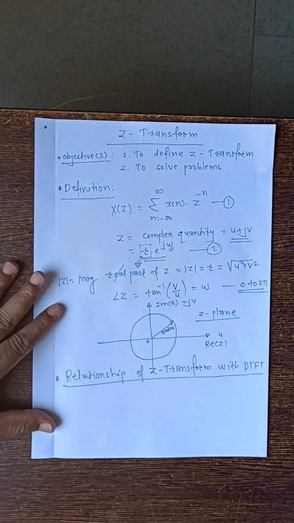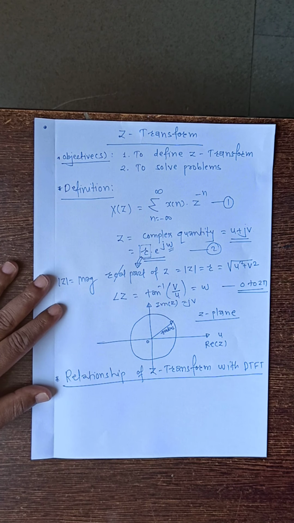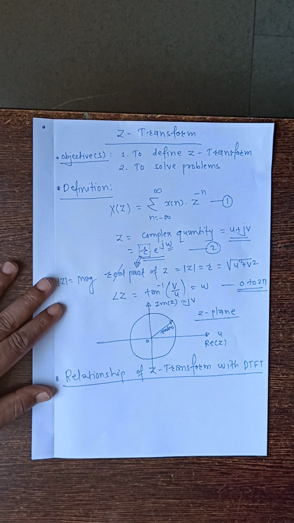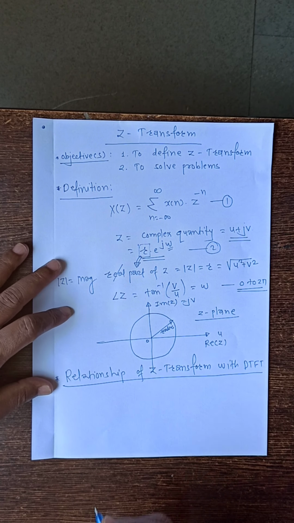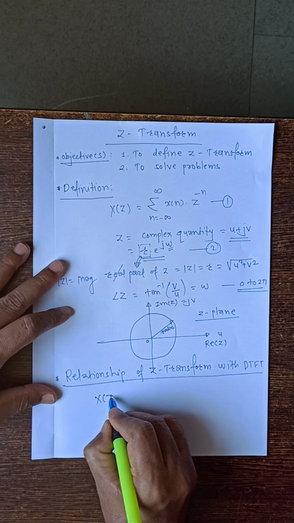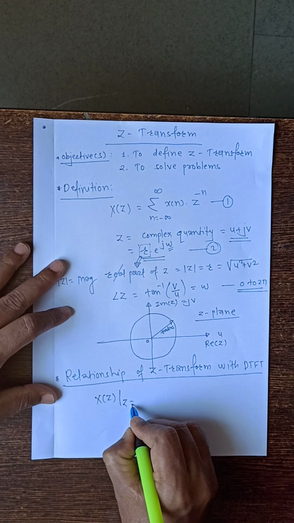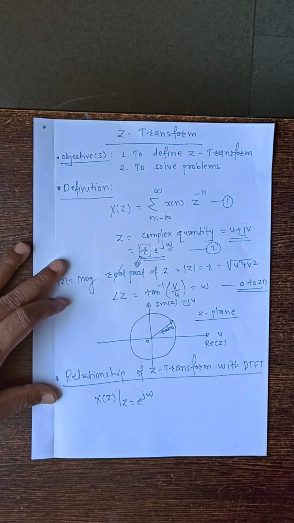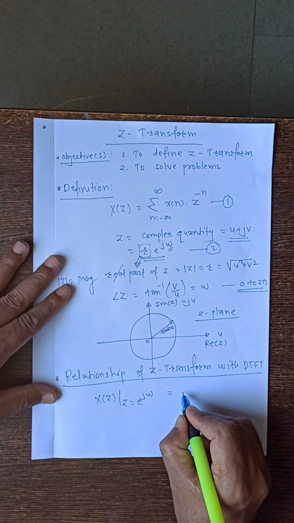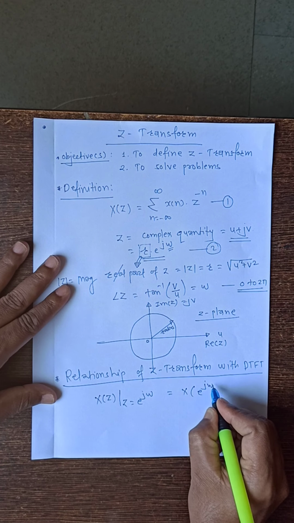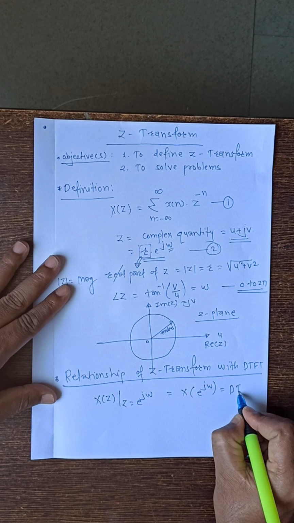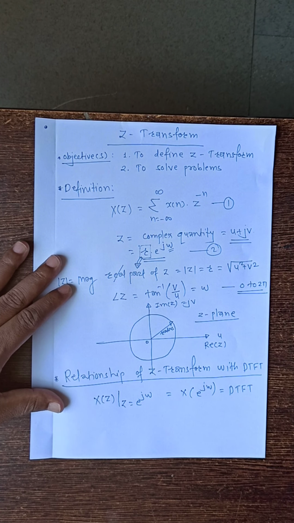It is a very simple relationship, as z transform is used for analysis of signals and systems of DT signals. Again, DTFT is representing the analysis of signals and systems of discrete time signals. Then when z is replaced by e raised to j omega, we get X of e raised to j omega, which is equal to the DTFT, discrete time Fourier transform.